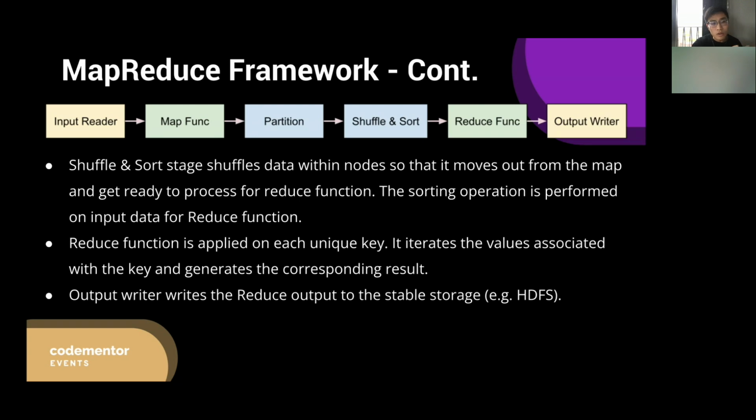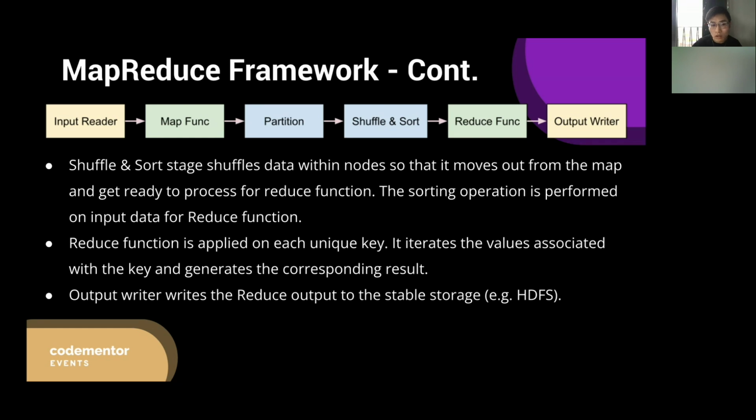Later, we will go to the shuffle and sort stage, which shuffles data across machines so that it moves out from the map and gets ready to be processed by the reduce function. The sorting operation is performed on input data for the reduce function.